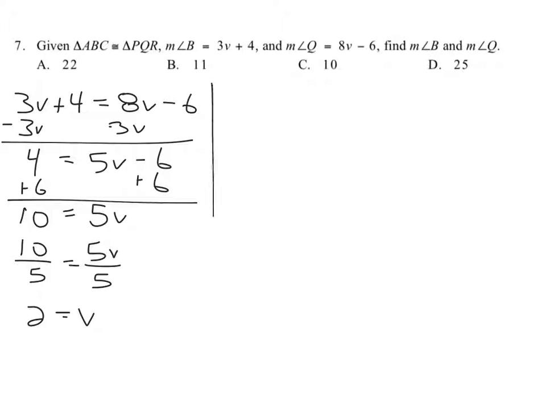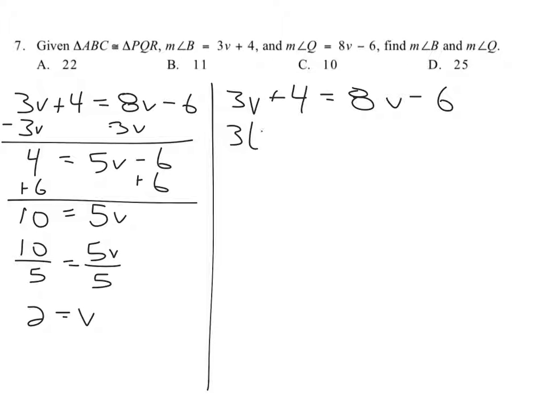That's the value of V that we're going to need to use to find what these measure. Since we know they're congruent, we know that they are equal. I'm going to write it as the equation like this because when I plug it in, I want to plug it into both of them and make sure that the number I got, 2 for V, is actually correct by showing that they do come up with the same number when you plug it into both of them.